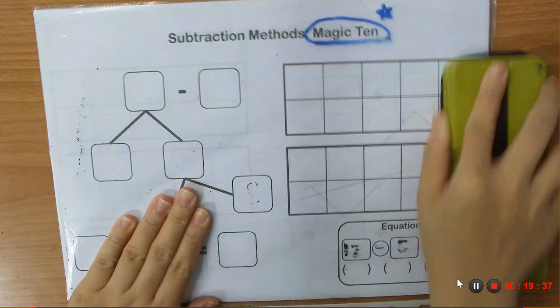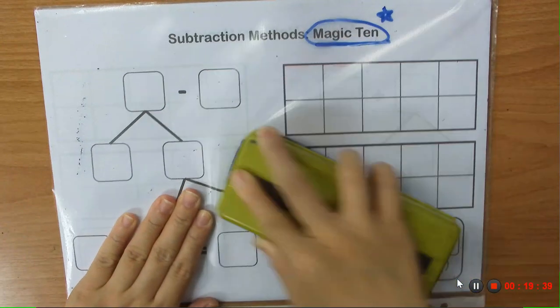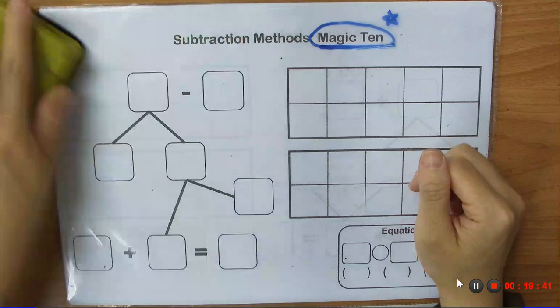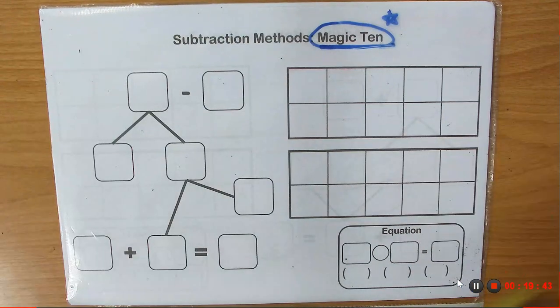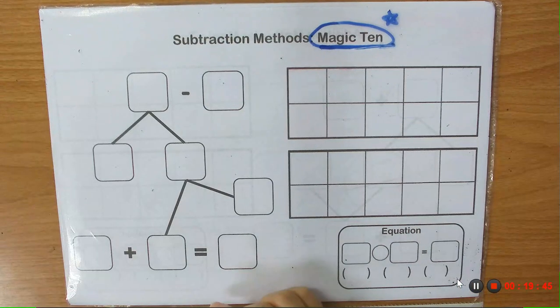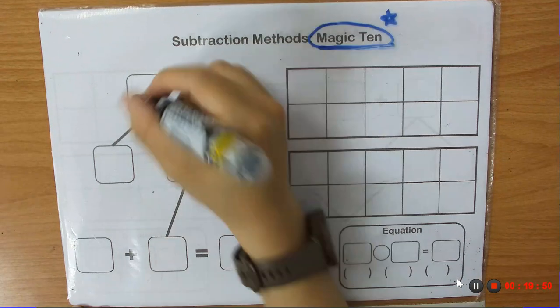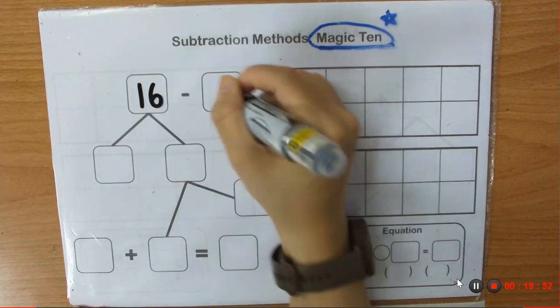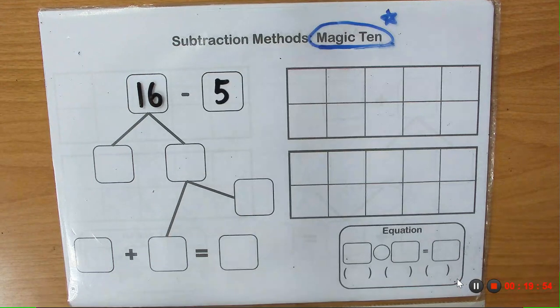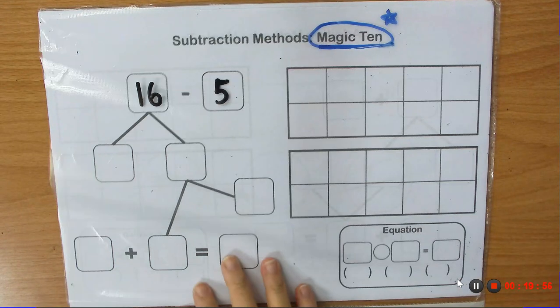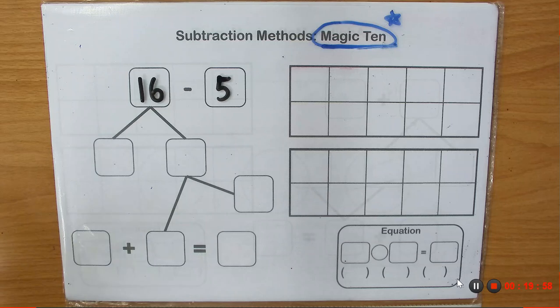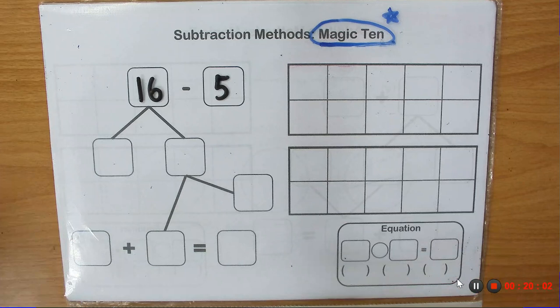Let's go with the question 16 minus 5. Would you choose the strategy Magic 10 or Magic 1? Let's check.